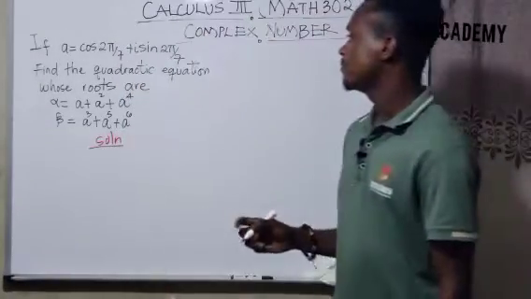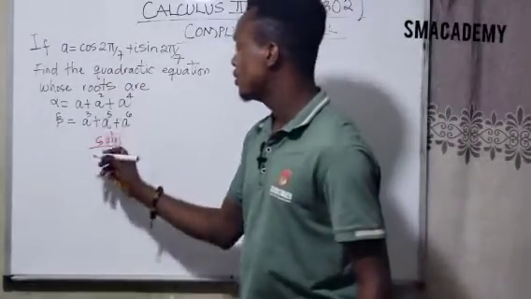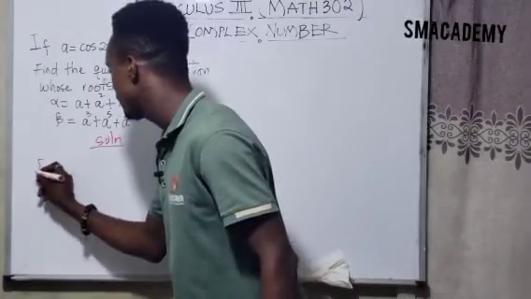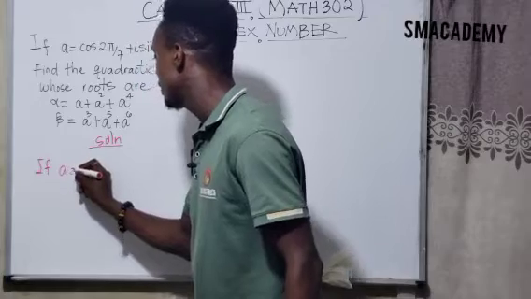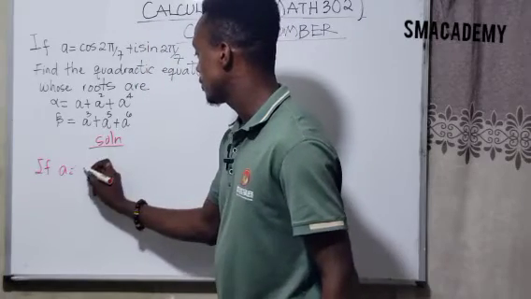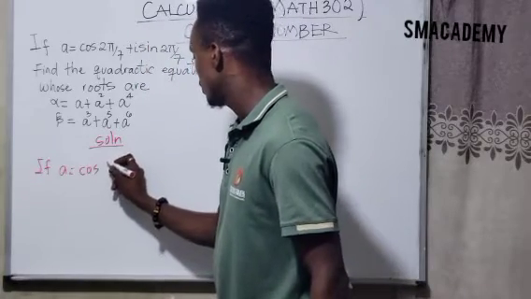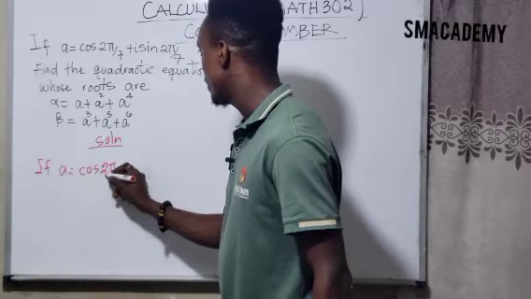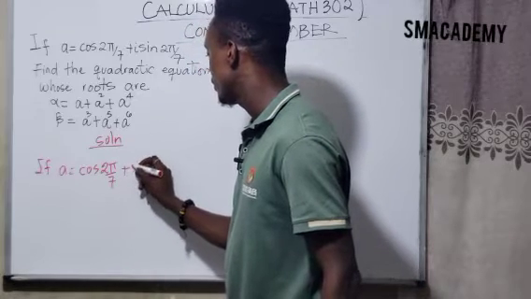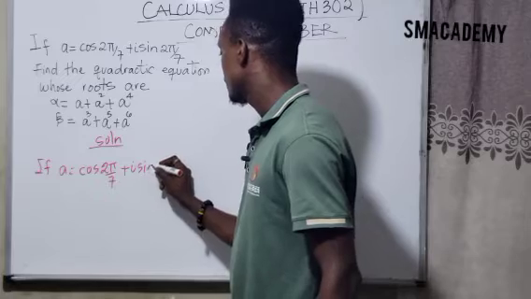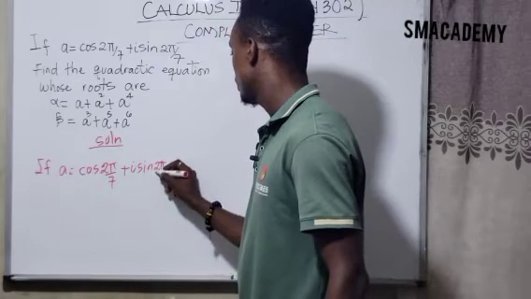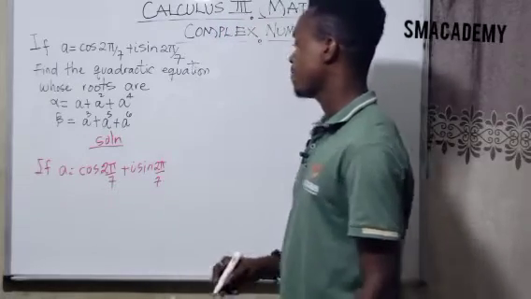Let's take the condition. The condition says a is equal to cos 2π/7 plus i sin 2π/7.